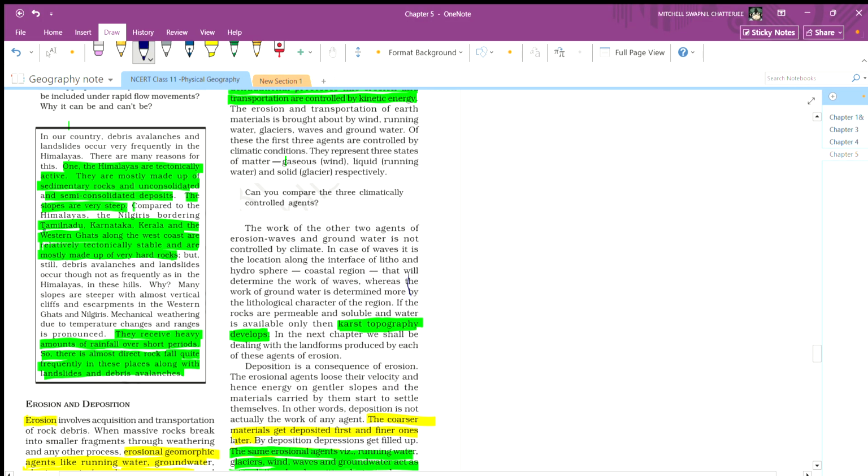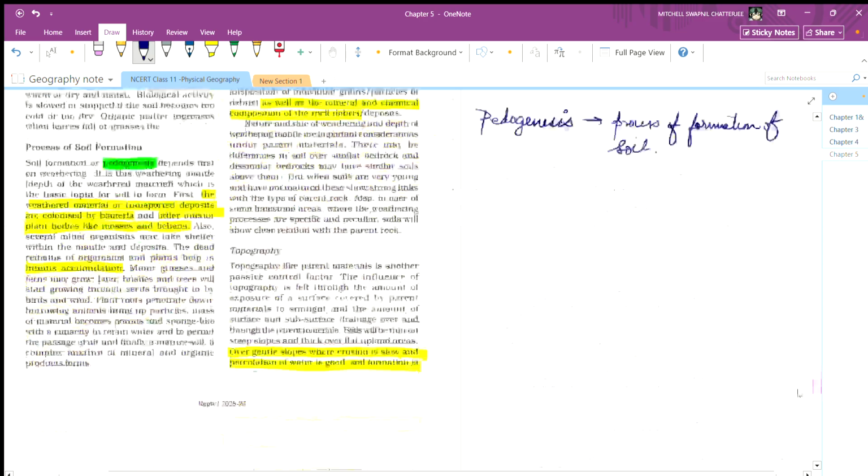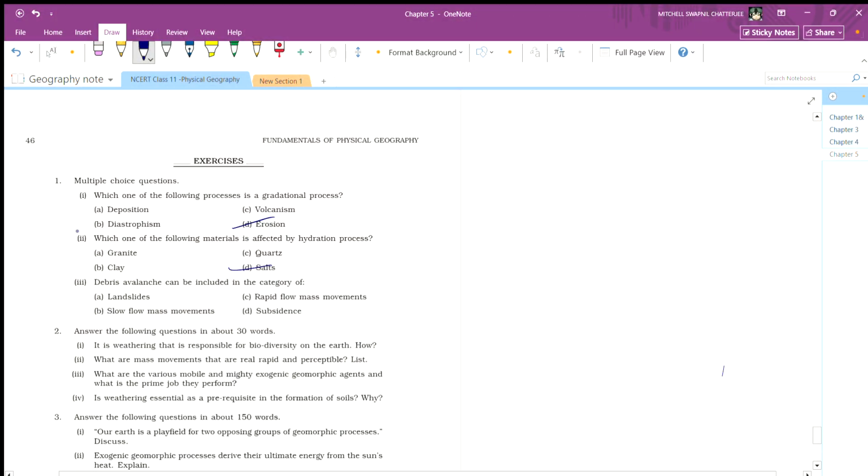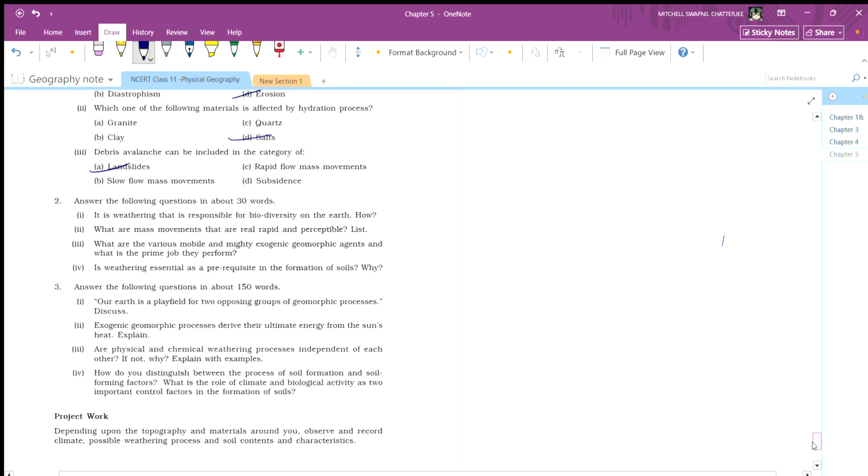Let's go with landslide because that is the more appropriate answer.